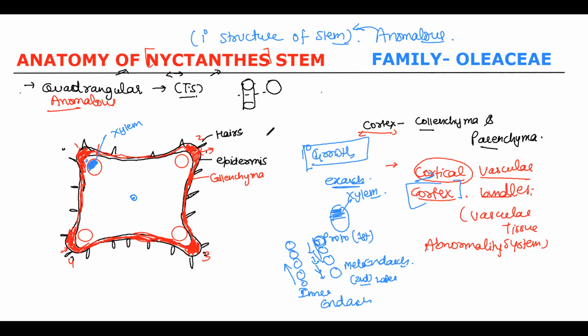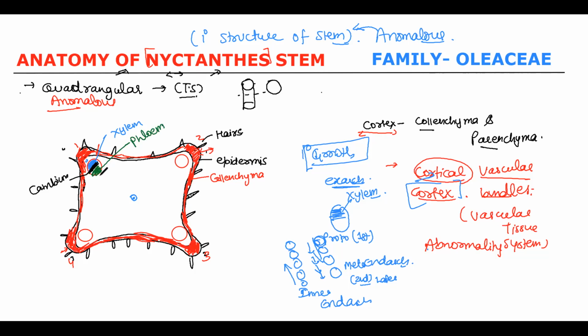So these are the bundles having xylem. In between them is the cambium, and after the cambium, this green is the phloem. Cambium is a meristematic tissue present between the xylem and phloem.